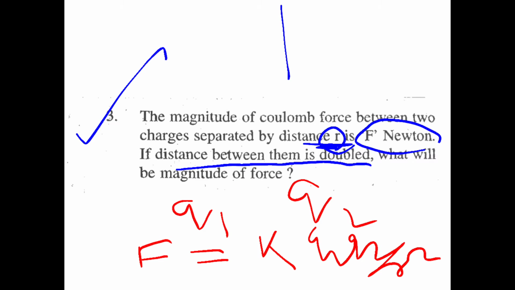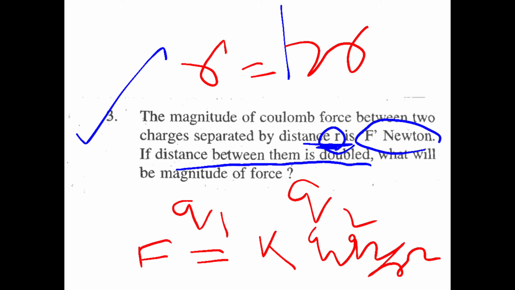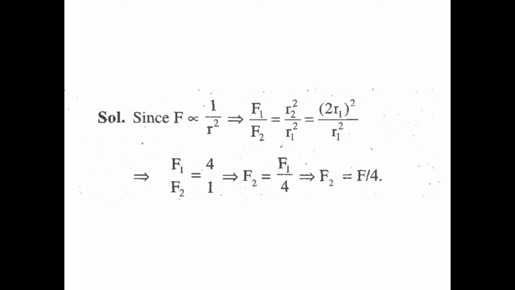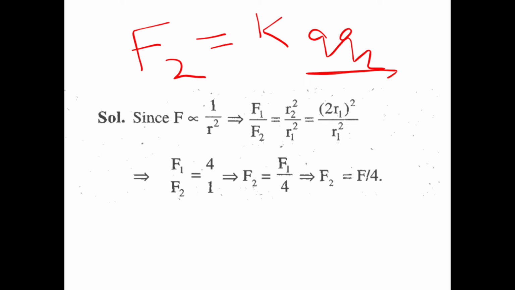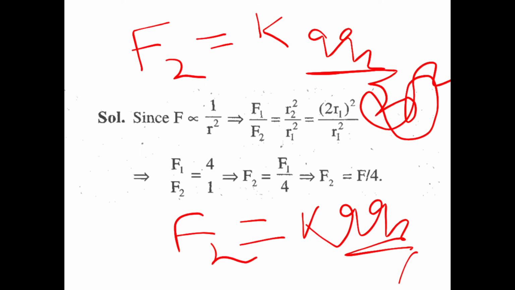If the distance between them is doubled, that means R dash is equal to 2R. Let's see, we get F2 is equal to K Q1 Q2 by (2R) whole square, that is F2 is equal to K Q1 Q2 by 4R square.